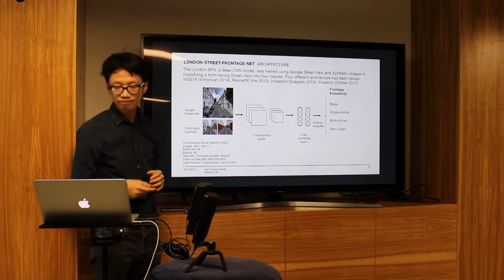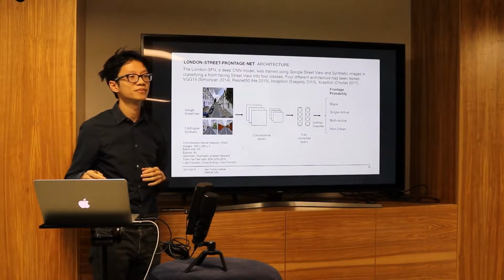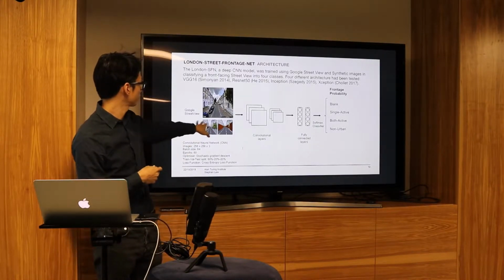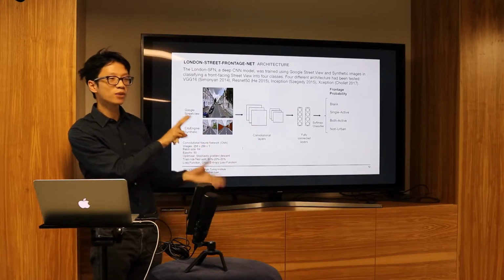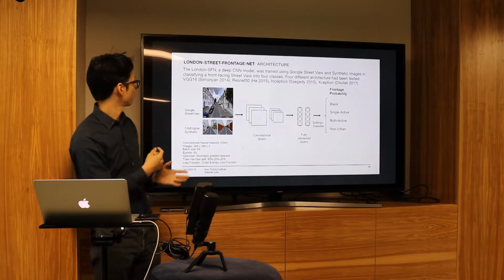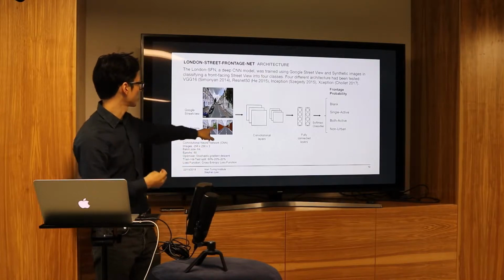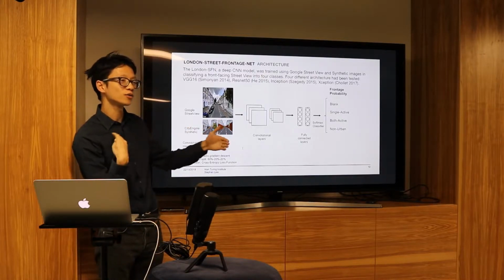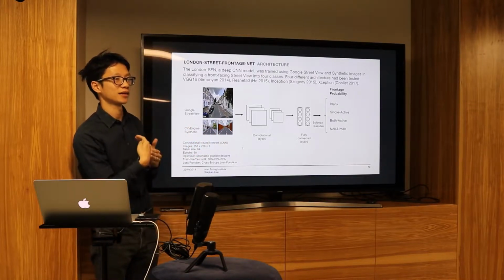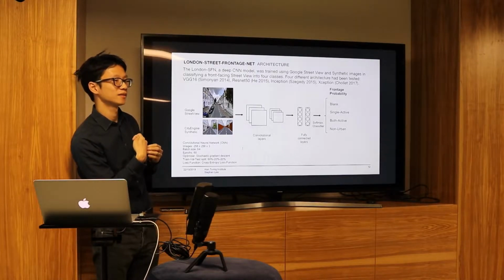Steven, where do you take the synthetic ones? I developed a parametric city model, and then I output, so I can easily put walls and no walls to determine if it's active or blank. But starting from the Google Street View?